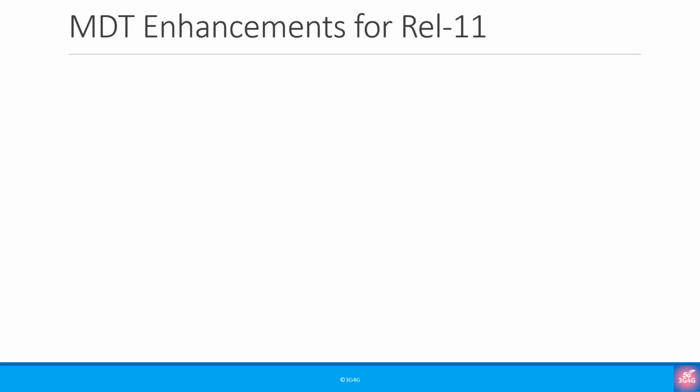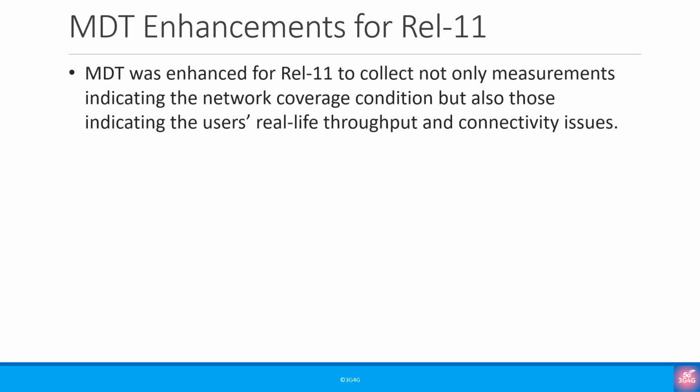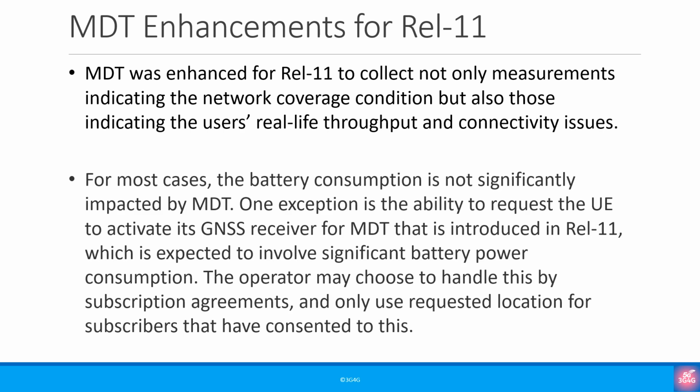Let's briefly have a look at MDT enhancements in release 11. MDT was enhanced for release 11 to collect not only measurements indicating the network coverage condition, but also those indicating the user's real-life throughput and connectivity issues. For most cases, the battery consumption is not significantly impacted by MDT.